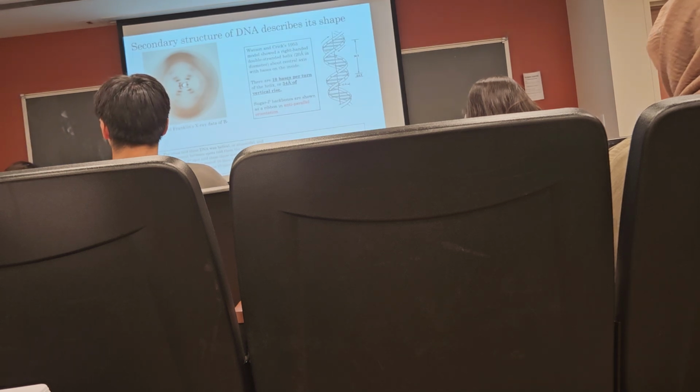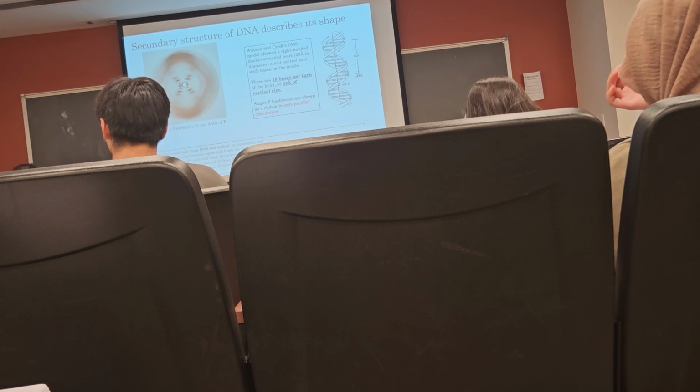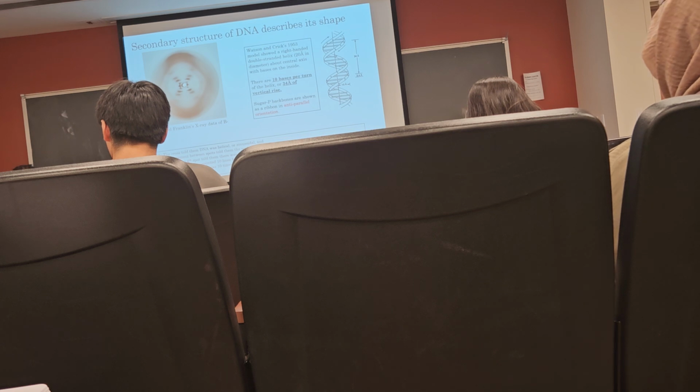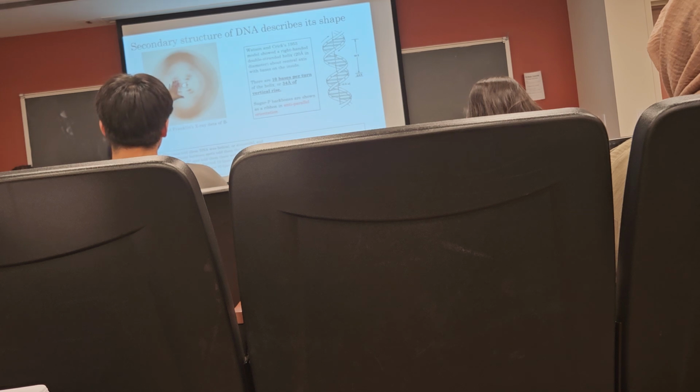A crystal of protein is grown, and they shine a beam of X-ray light at it, they measure the diffraction pattern, and they can use Fourier transforms and things like that to determine what structure needs to exist in order to produce this diffraction pattern. In this case, that is a double helix.